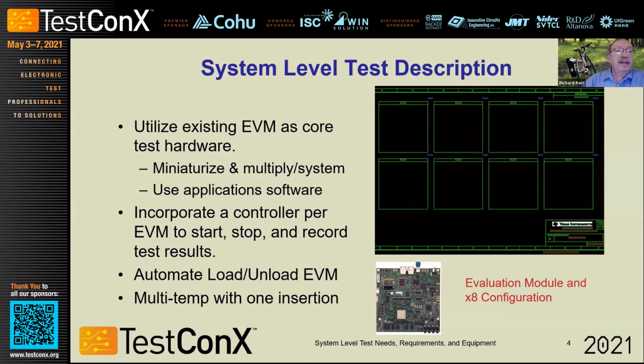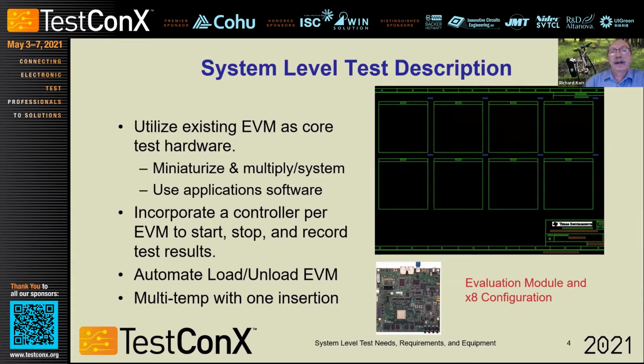So this led us to decide on miniaturizing these EVMs so we can put as many of those as possible on a board, automate the DUT load and unload, and get into a single insertion operation. Even though we had multiple temperatures that we wanted to test these parts at, we only really wanted one insertion to keep the cost low.